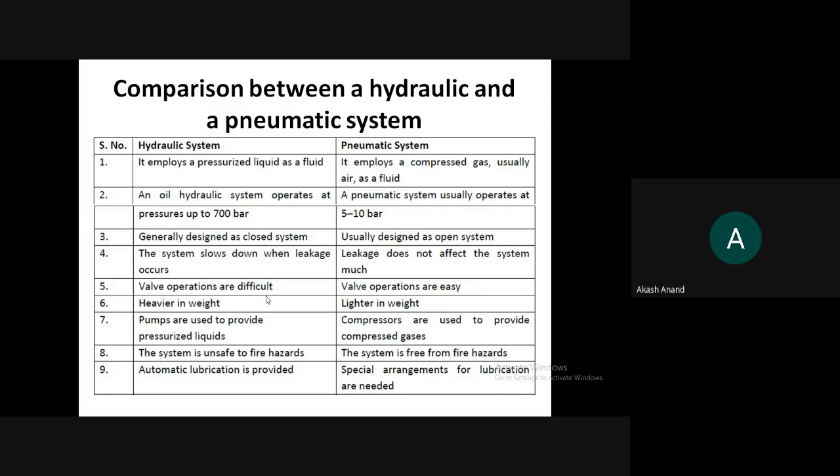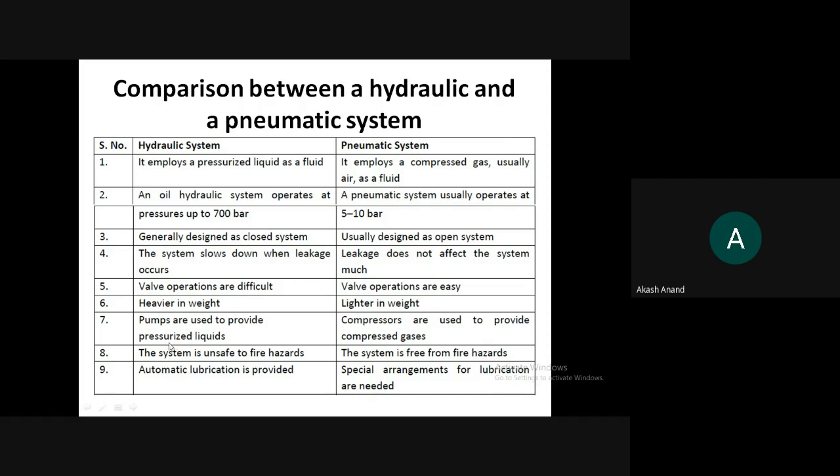In a hydraulic system, pumps are used to provide pressurized liquids, and in the case of a pneumatic system, instead of a pump, we are using a compressor. Next comparison: the hydraulic system is unsafe with respect to fire hazards, while the pneumatic system is free from fire hazard. Why? Because the working fluid in a hydraulic system is oil, and oil sometimes will be volatile.